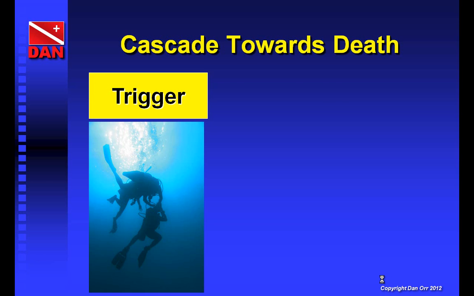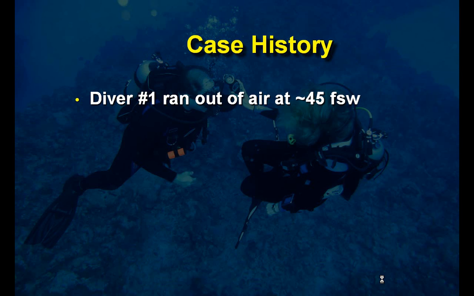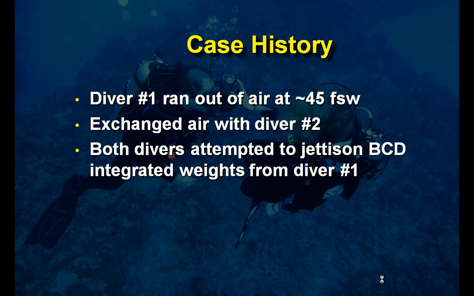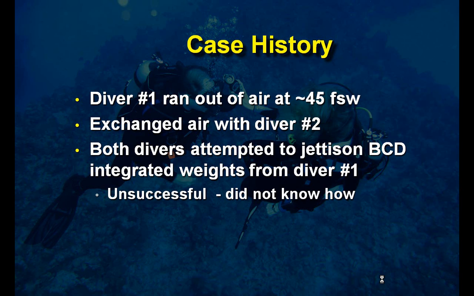So starting with that trigger, going back to this case history, diver number 1 ran out of air at 45 feet of water and successfully began exchanging air with diver number 2. Both divers attempted to jettison the weight from the buoyancy compensator on the diver who ran out of air, but they couldn't do it because they didn't know how. They were seen down there struggling, pulling, grabbing, trying to do whatever they could to get those weights out of that integrated BCD, and they could not, because they had never looked at that BC before.